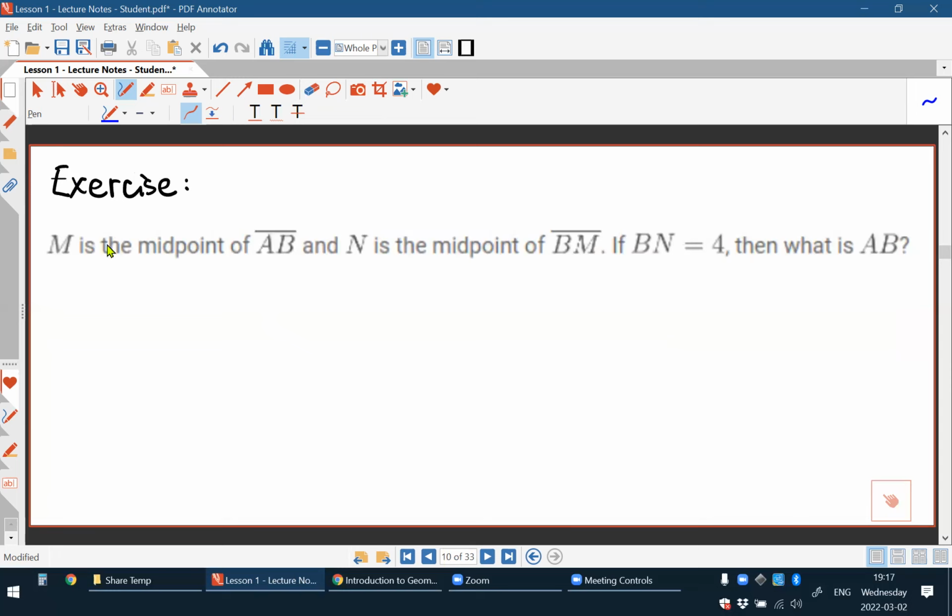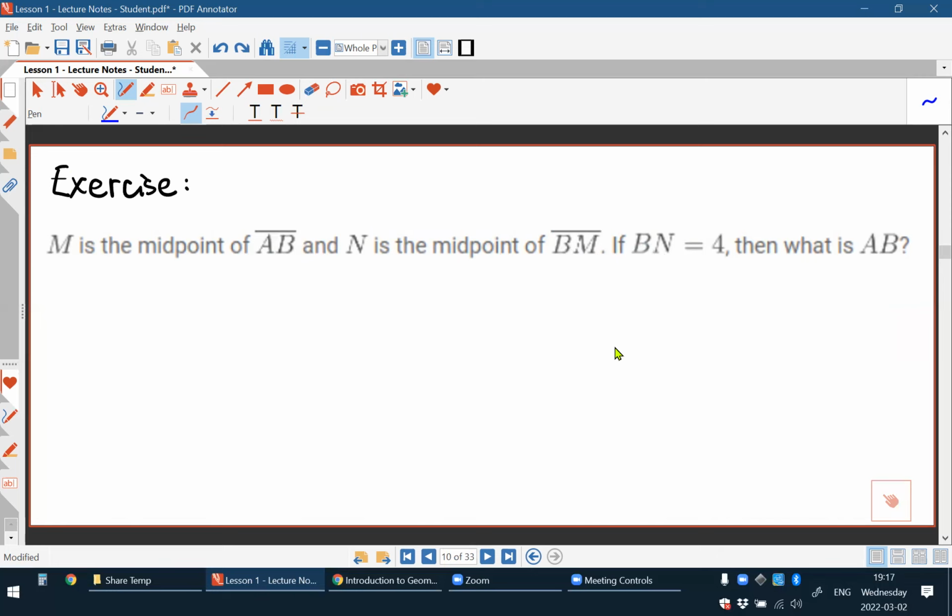And next, M is the midpoint of segment AB. Remember that this is a segment, right? And N is the midpoint of segment BM. If BN is 4, then what is AB?